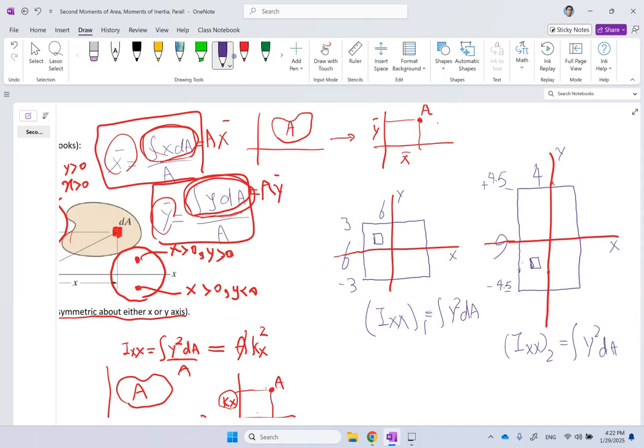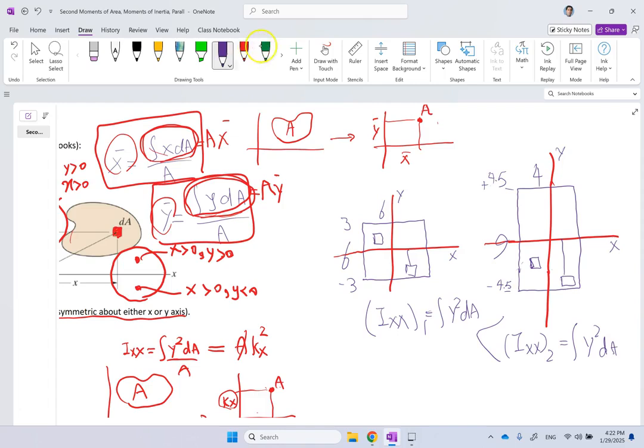So in general, although they both share the same area, elements here can have bigger y distances compared to here. It's stretched further along y than this one. So without even calculating, I can tell you this one has a bigger Ixx.